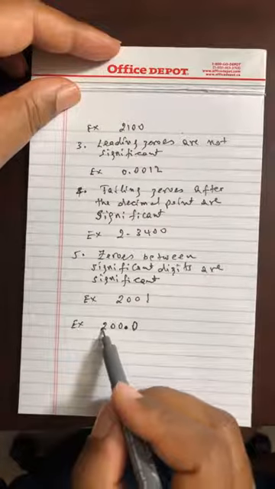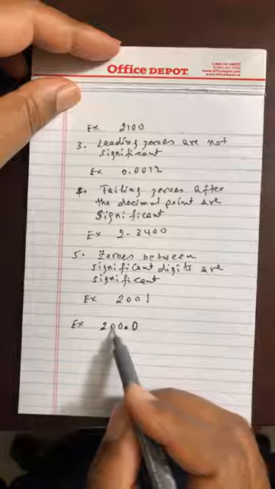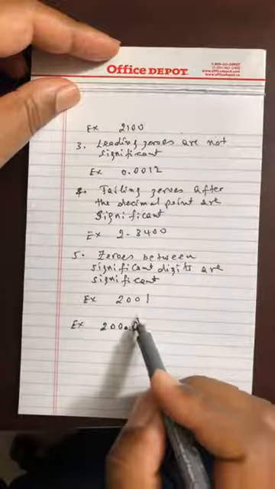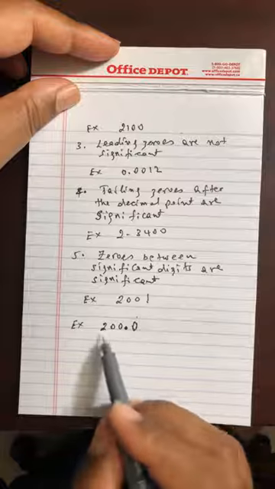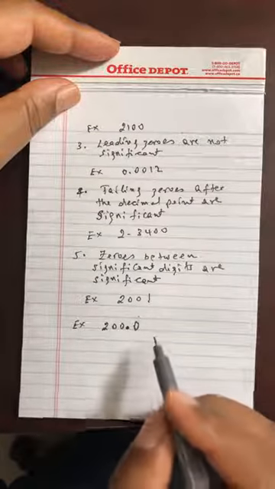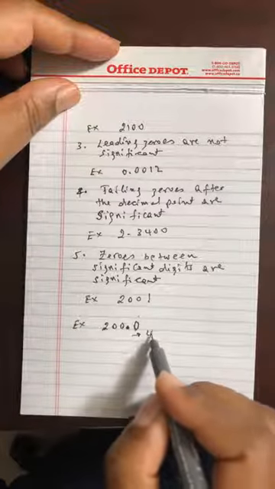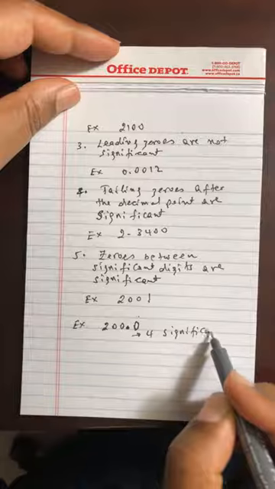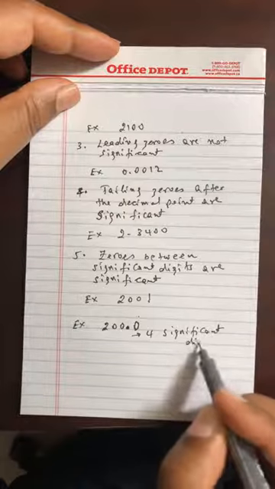This one is significant because it's non-zero, and these 2 zeros are significant because they are zeros between 2 significant digits. So in this case, all the digits are significant. We've got 4 significant digits in this case.